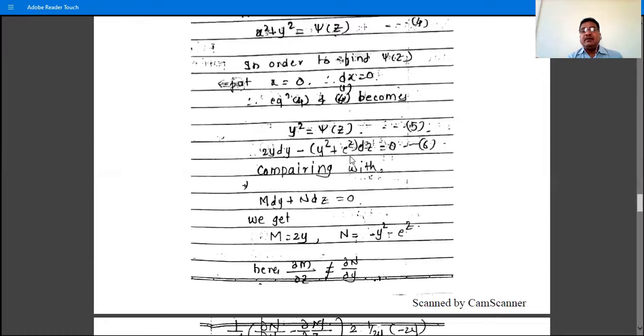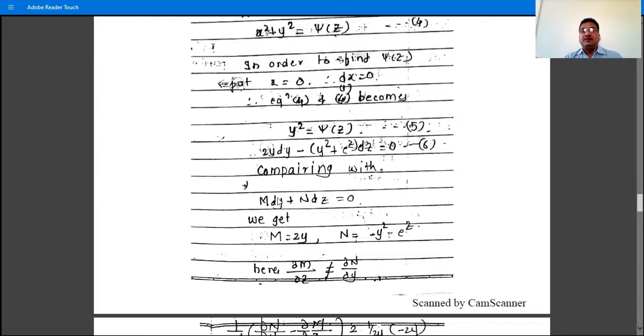If it is not in variable separable form, then it is either of homogeneous type or a linear differential equation, or non-homogeneous, or an exact differential equation, or a Bernoulli differential equation. So these are the methods to solve the example.